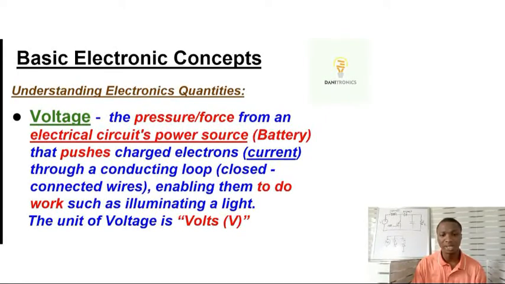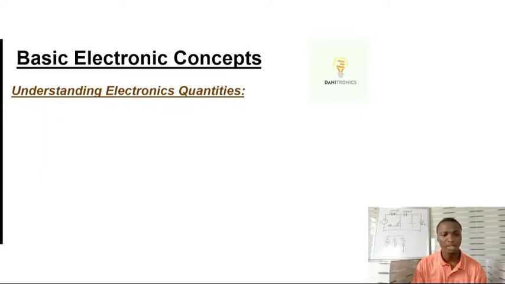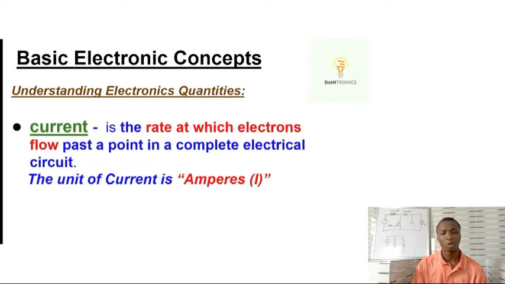The next quantity is current. Now what is current? Current is the rate at which electrons flow past a point in a complete electrical circuit. An electrical circuit is a complete connected system, electrical connected system, or electronics connected system. But current is the rate at which the electrons flow from one point to the other.